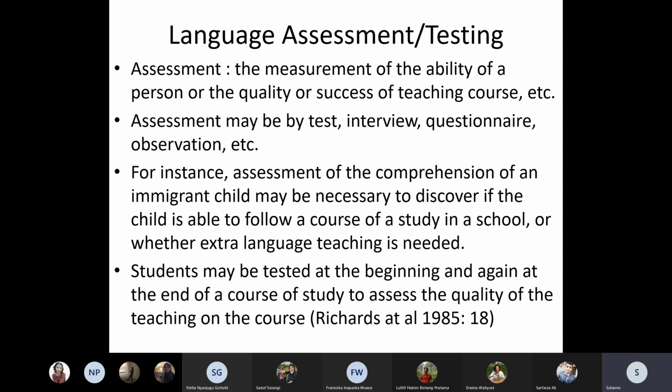Assessment may be by test, interview, questionnaire, observation. It means that assessment is wider than test. Test is a smaller scope, let's say with a time constraint.